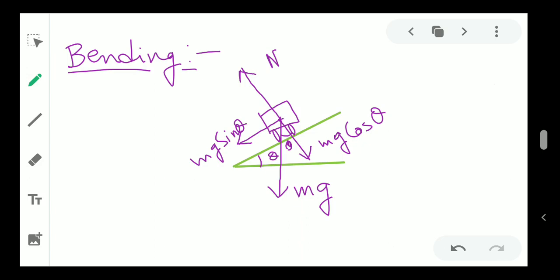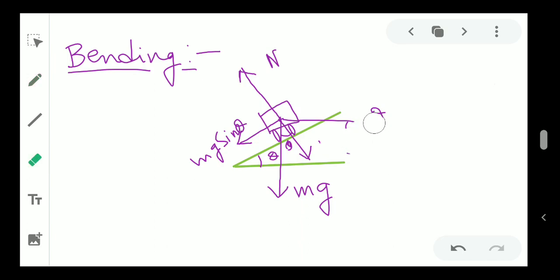And I can see that due to my mv square by r, there will be some tendency to slide the car out of the road. The car is taking the bend, so my mv square by r will be in this direction.